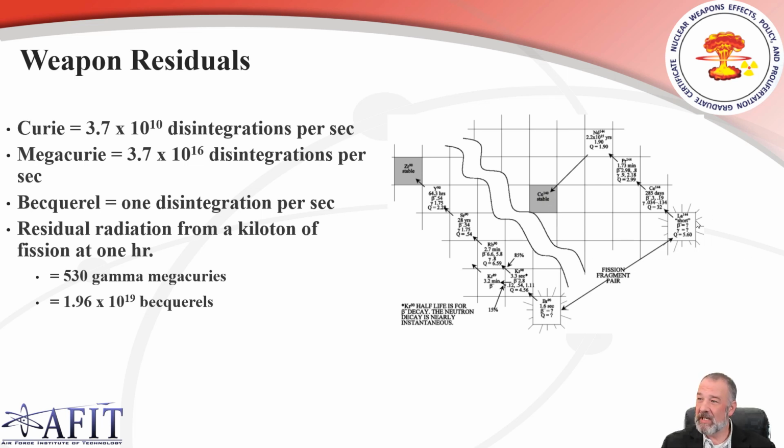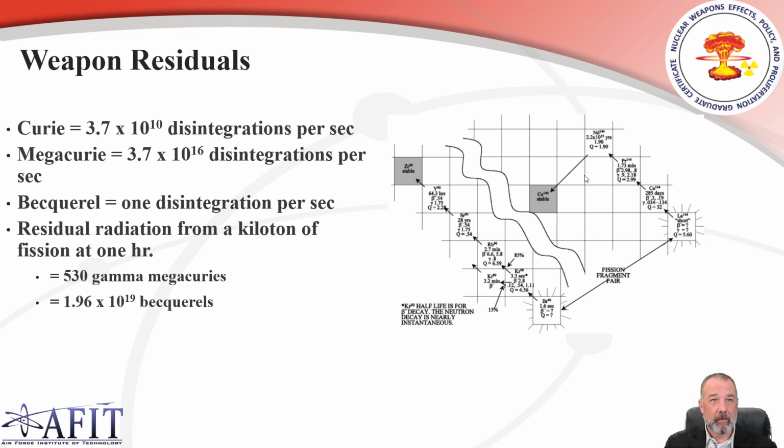So every time we see one of these things in this decay chain, each one of those is contributing to this residual radiation. And a lot of the fission fragments do undergo several subsequent decays in order to reach a ground state to where they're considered stable. Okay, so it's not necessarily just all of this stuff decaying at the same time.